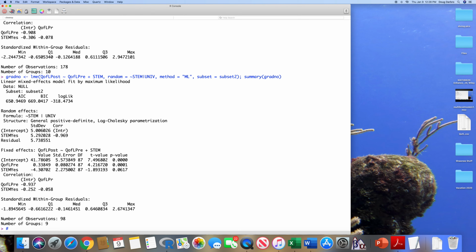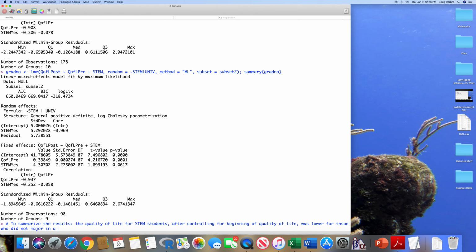So we can say, to summarize the results, the quality of life for STEM students, the beginning quality of life, was lower for those who did not major in a STEM-related major and did not intend to attend grad school after completing their degree.